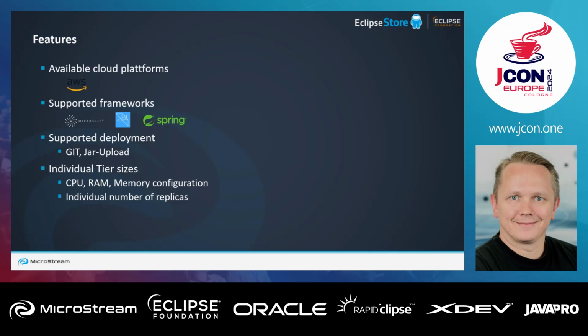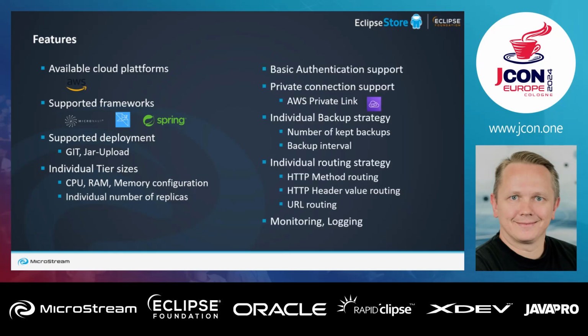We support a JIT and jar deployment for the moment, and we are also working on a CI/CD deployment via REST, so that enables you to create your own cluster remotely. And we provide individual tier sizes, CPU, RAM, memory, and individual numbers of replicas. That is what we provide for now. Basic authentication, private connection support, individual backup strategies, routing strategies we talked about, monitoring, logging, and so on.